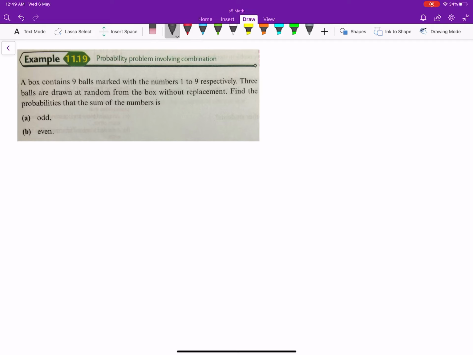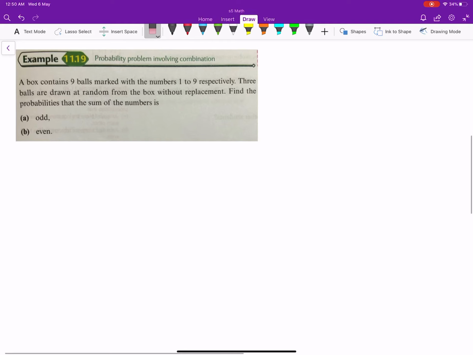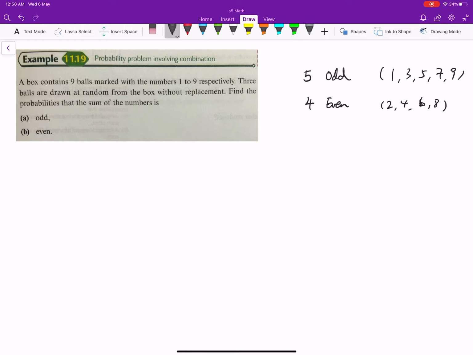Odd in part A and even in part B. Because we only consider whether it is odd or even, we can categorize the 9 numbers into 5 odd numbers and 4 even numbers. The 5 odd numbers are 1, 3, 5, 7, 9, and the even numbers are 2, 4, 6 and 8. Then in total we have 9, right?